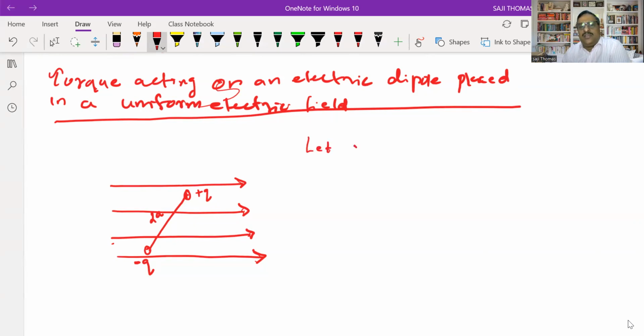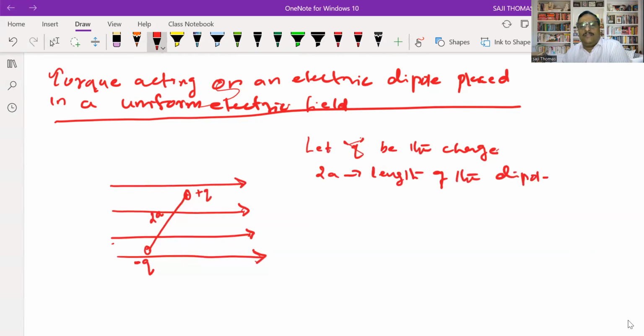Let q be the charge, and 2a the length of the dipole. There are two charges here. The positive charge q experiences a force due to the electric field, along the field direction.